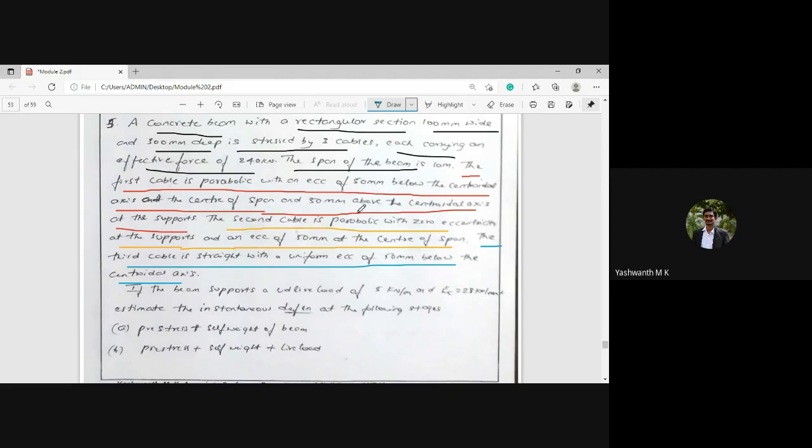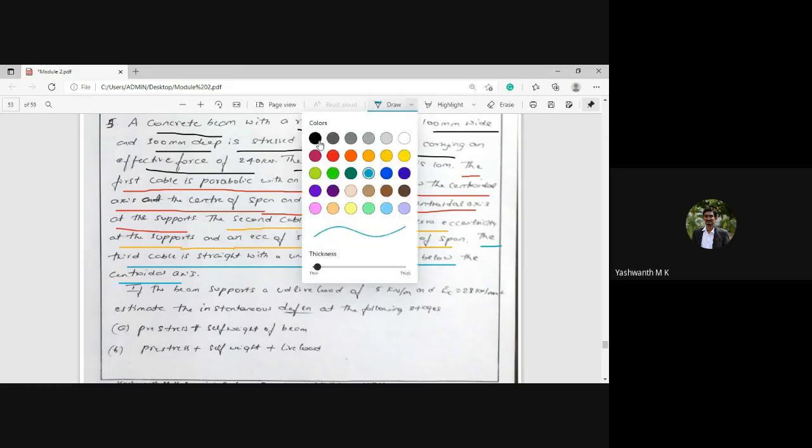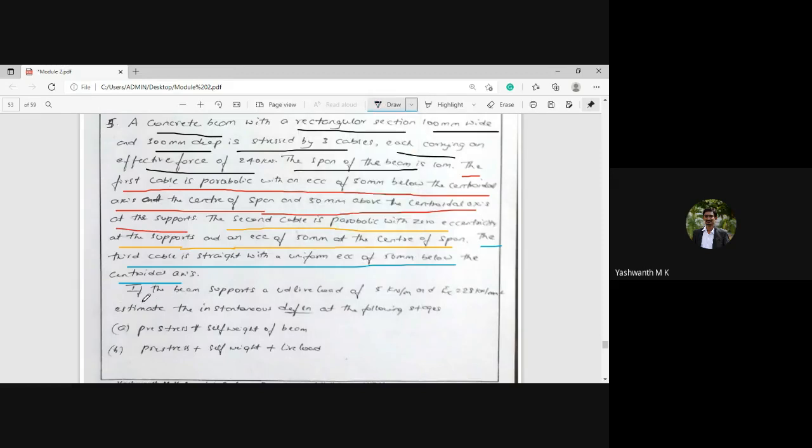The second cable is again parabolic, but with zero eccentricity at the support and an eccentricity of 50 mm at mid span, or center of the span. Then the third cable is straight with a uniform eccentricity of 50 mm below the central axis. Is it clear?